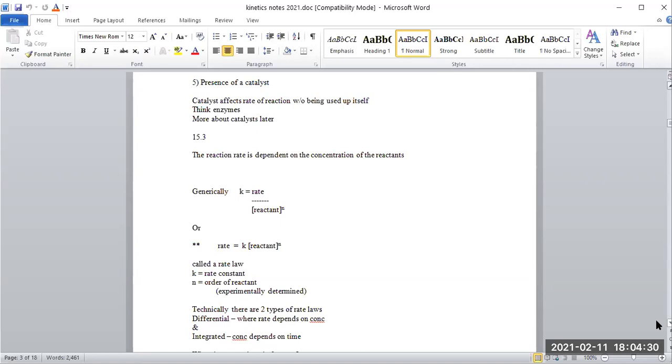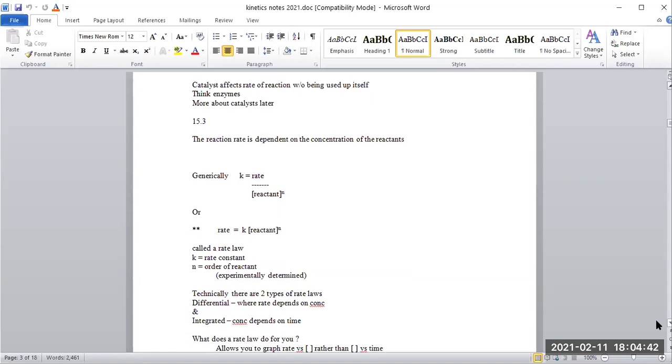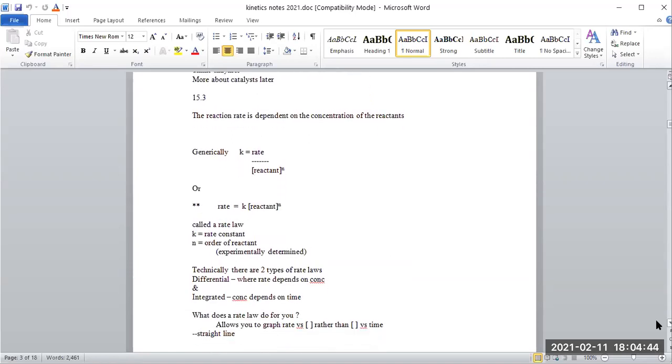And for purposes of general chem, there is nothing above a 3 that would likely be put in that spot. All of this is actually determined in the lab. It's experimental data that allows you to figure out what values need to go in this rate equation.